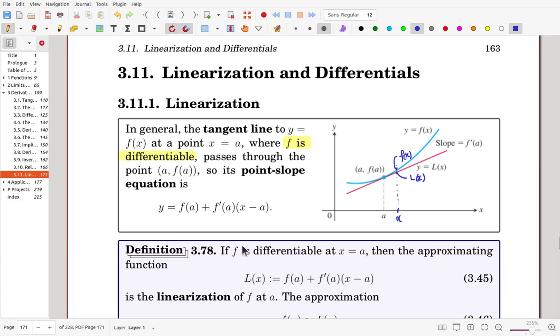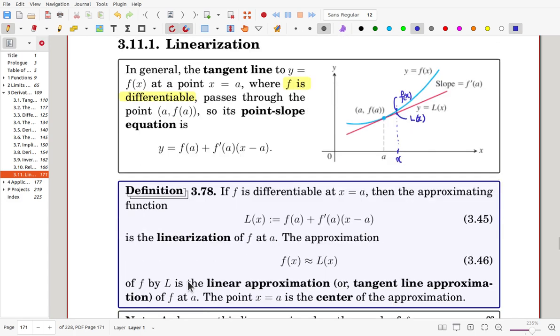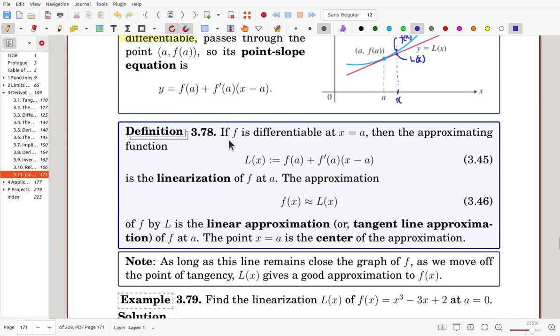And officially we define the linearization of the given function. If f is differentiable at a, then the approximating function L(x), defined this way, is the linearization of f at a. That is the definition.